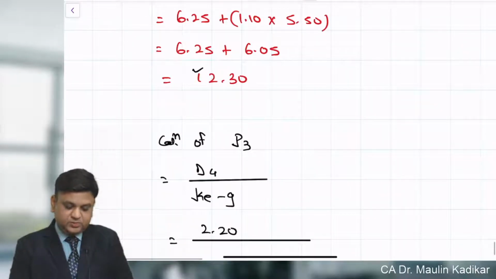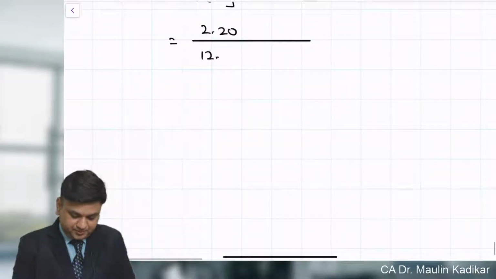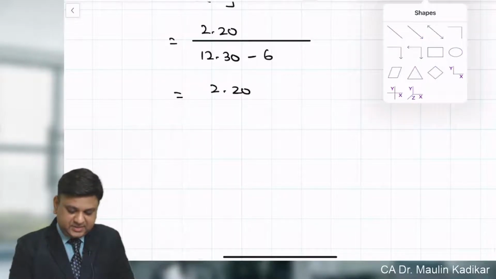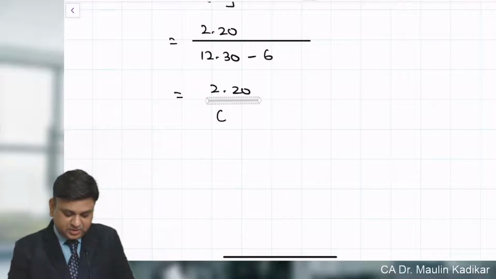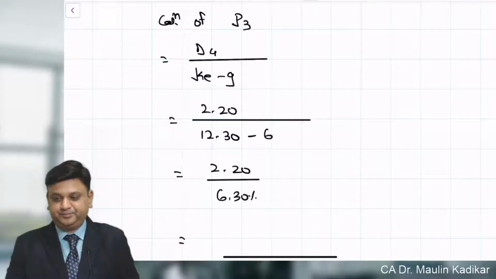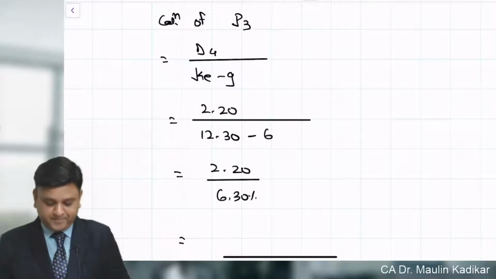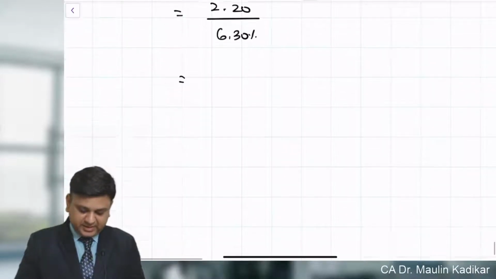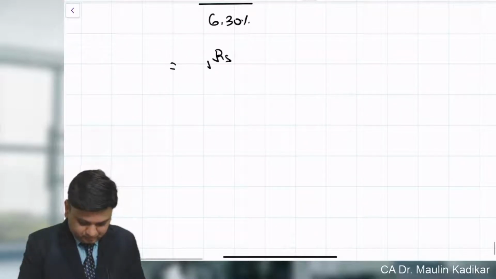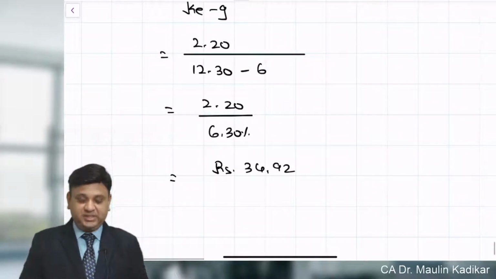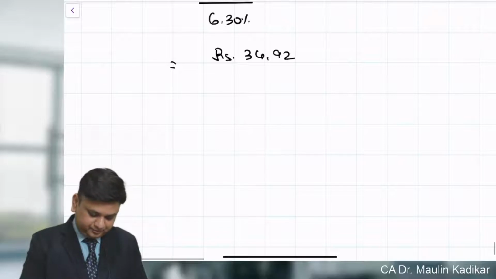What is the cost of equity? It is 12.30% minus growth rate of 6%. So 2 rupee 20 paise divided by 6.30%. With that, we compute P3. So the price is 34.92. That is the price of the security calculated at the end of the third year. It is P3.